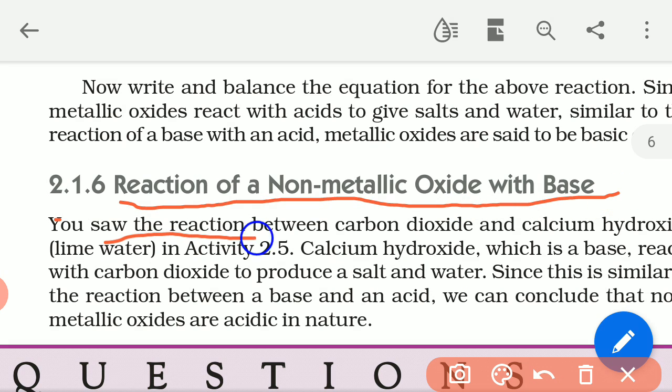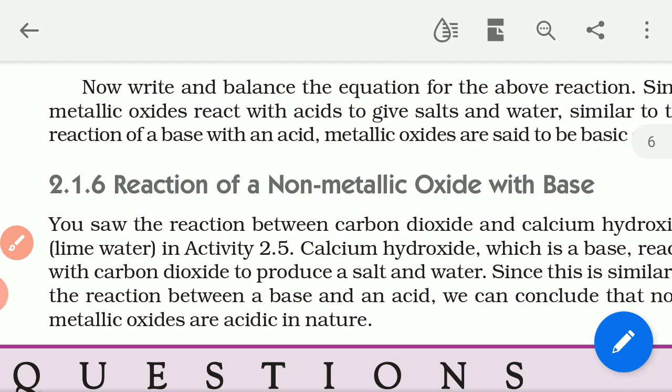You saw the reaction with carbon dioxide, the oxide of a non-metal, because carbon is a non-metal. Sulfur dioxide, SO2, is also a non-metal oxide. So CO2 and SO2 react with calcium hydroxide, meaning lime water.